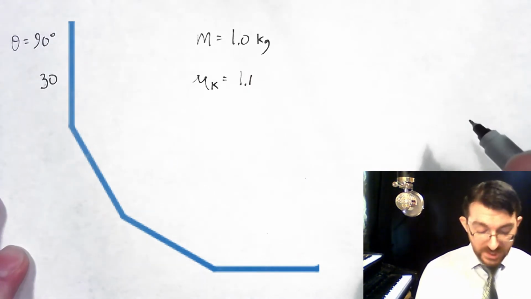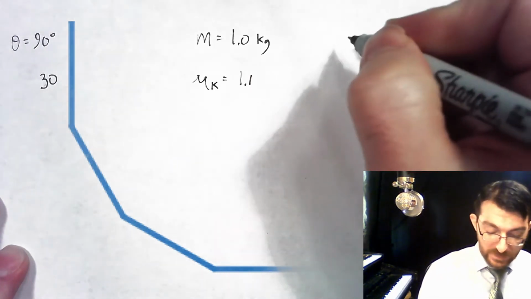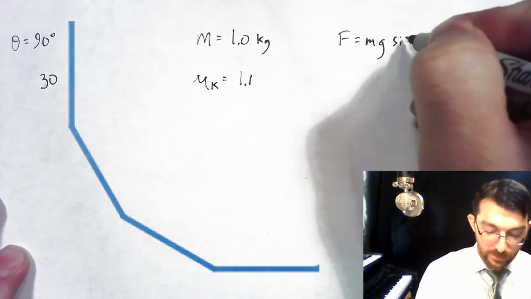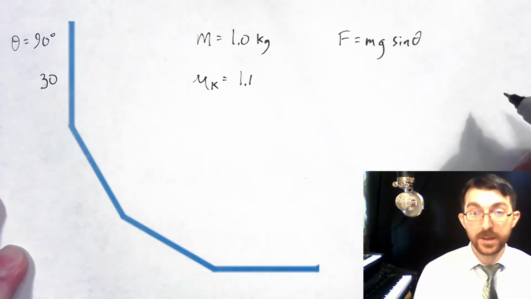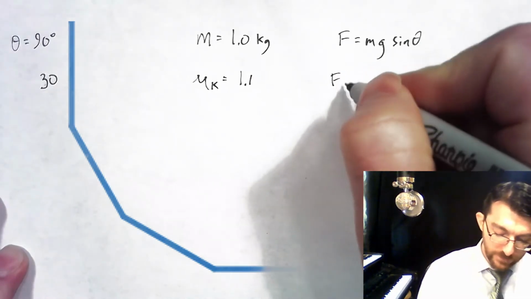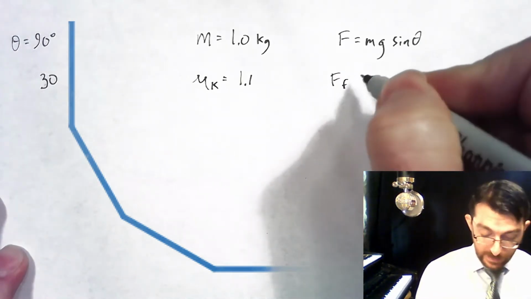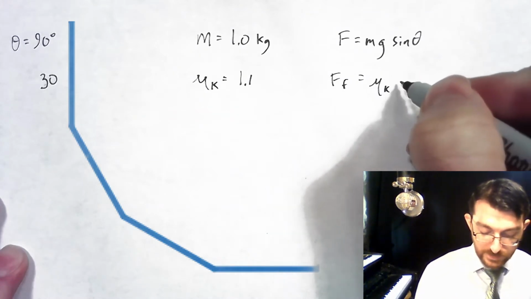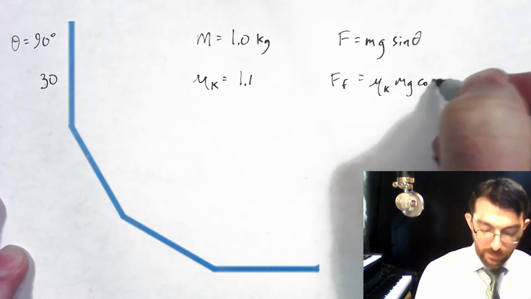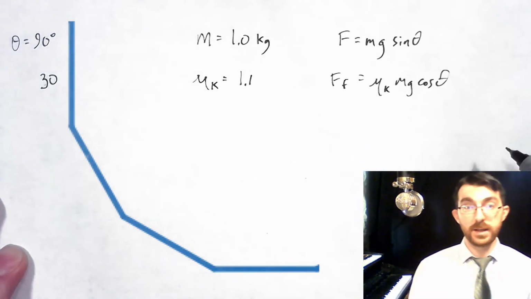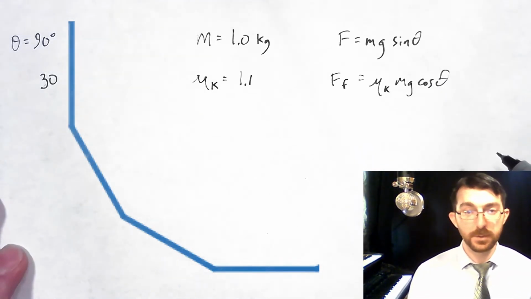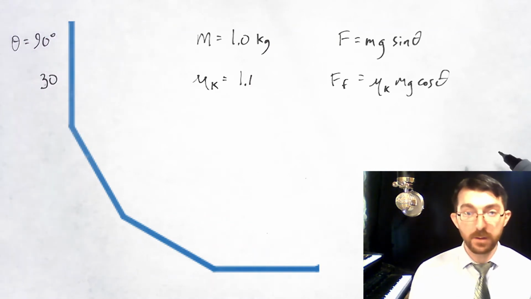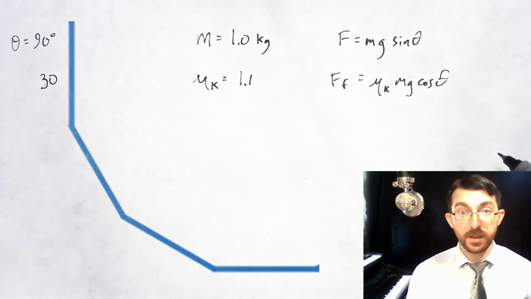And the force that's pulling something down the slope is going to be equal to mg sine of theta, and the force of friction opposing that is going to be equal to the coefficient of friction times mg cosine of theta.